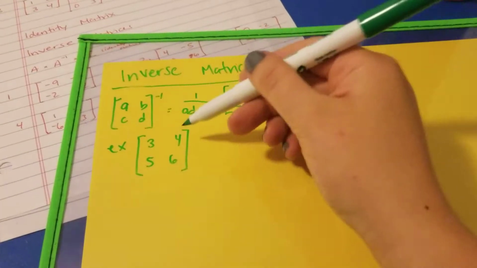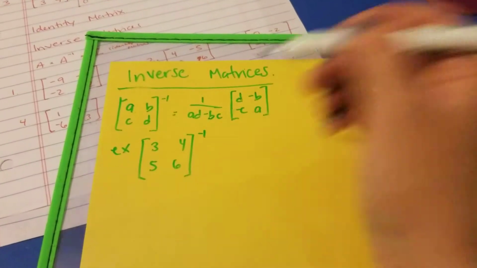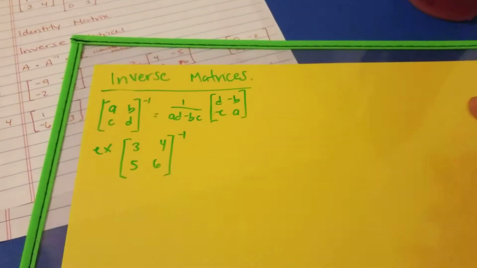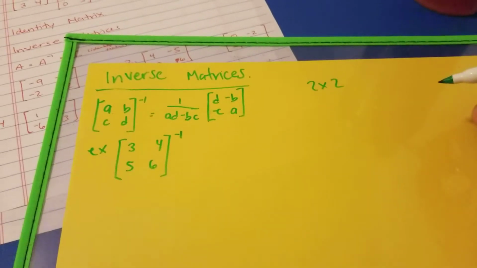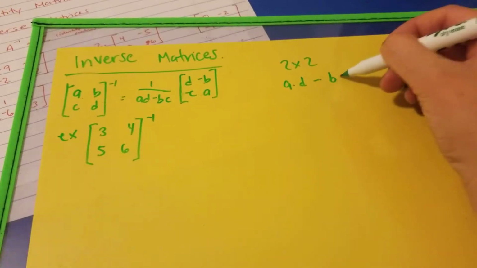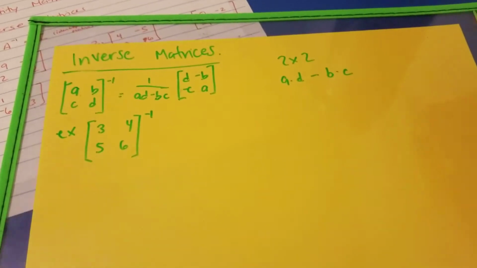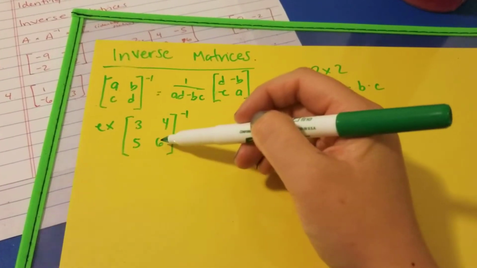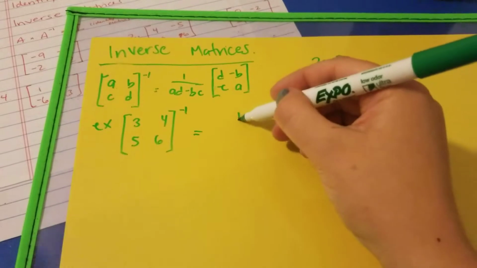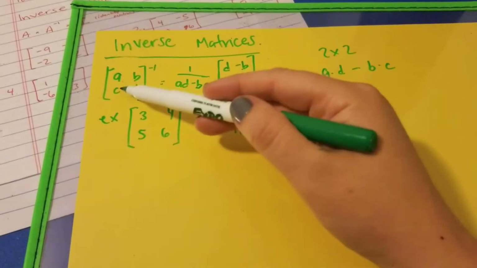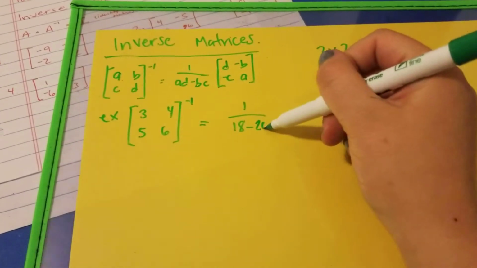Okay, so let's say I want to find the inverse of this matrix. I'm going to find the determinant first. The determinant for a 2 by 2 is A times D minus B times C, which we're going to talk about more in the next video. So A times D is 3 times 6, which is 18, minus B times C, which is 4 times 5, which is 20.